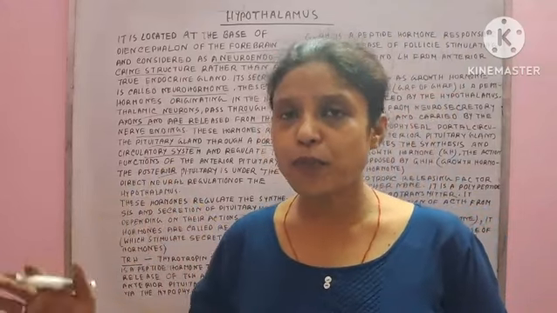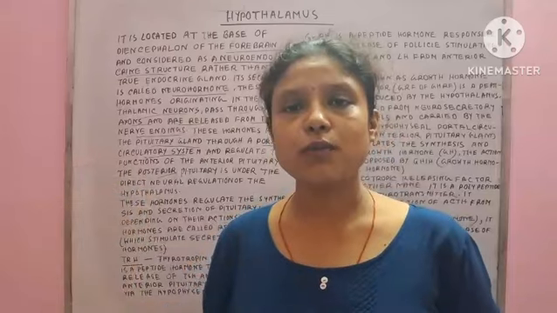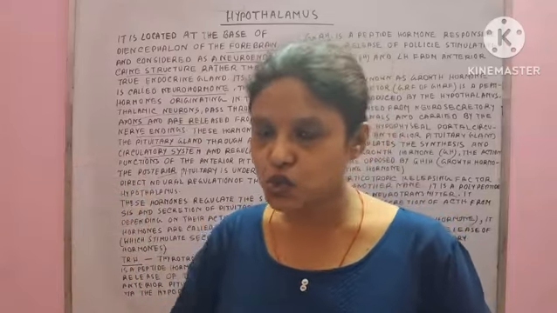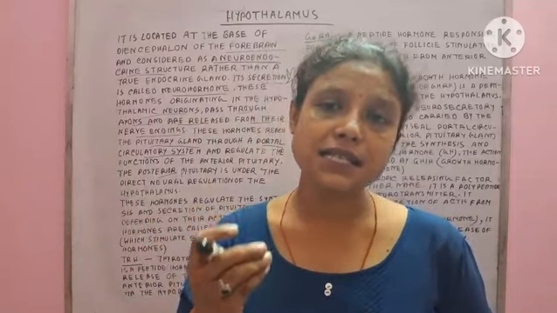The releasing hormone controls the secretion of other glands' hormones, and the inhibiting hormone opposes or stops the secretion of other glands' hormones. So two kinds of hormones are there: the releasing hormone and the inhibiting hormone. Clear?